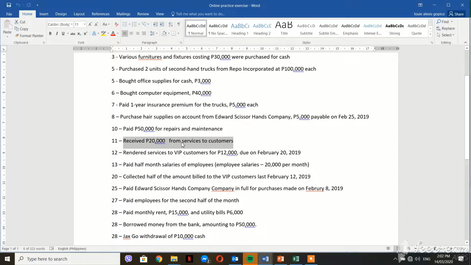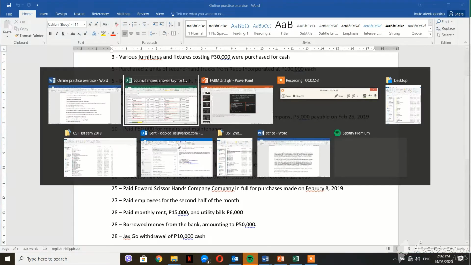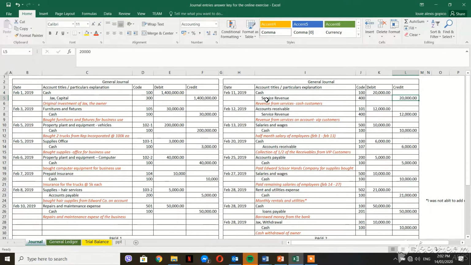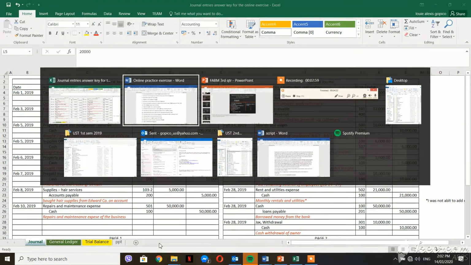We perform services to the customer. When you perform services to the customer, basically, you earn the right to receive the money. So since you earn the right, you have earnings, which is an income. Okay? So you perform services. So ginupitan mo sila ng buhok. Then they should pay you because it is your income. Okay? So you credit service revenue of 20,000.